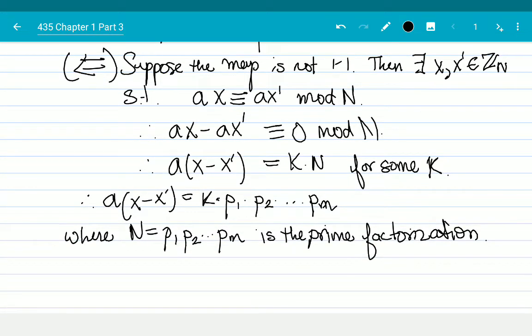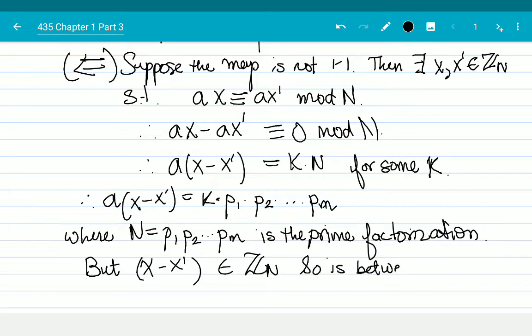But now we have that x minus x prime belongs to Zn, and so is between 1 and n minus 1, right?